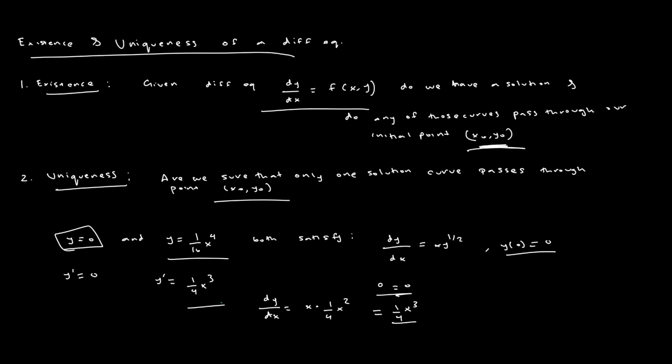And so we see that we've just given two separate solution curves that both satisfy our initial value problem. So that's an example of uniqueness not necessarily being true. And so can we figure out when we're guaranteed the existence of a unique solution? So when we're guaranteed existence and uniqueness.